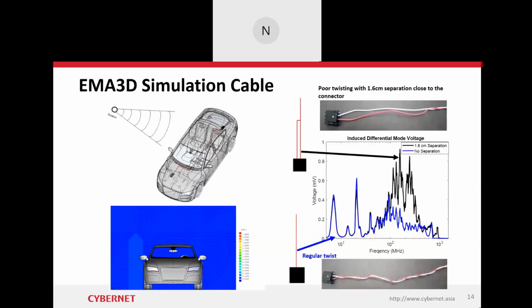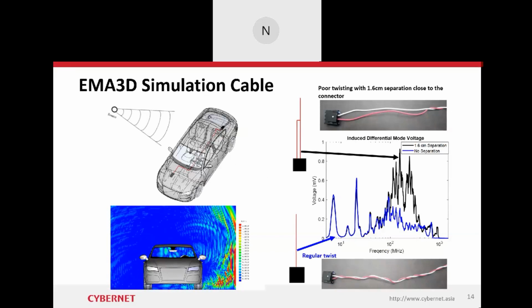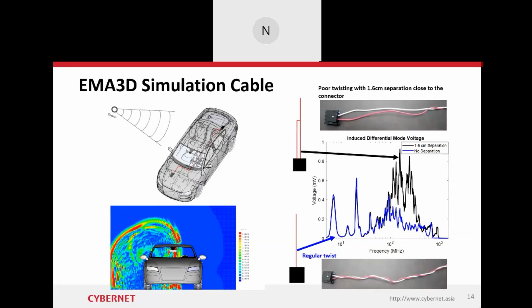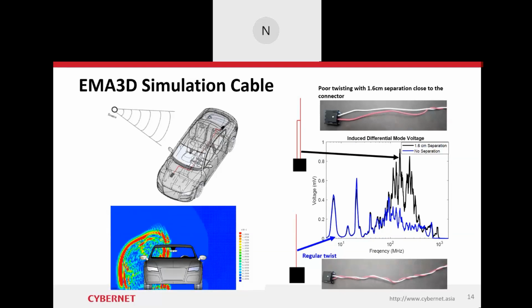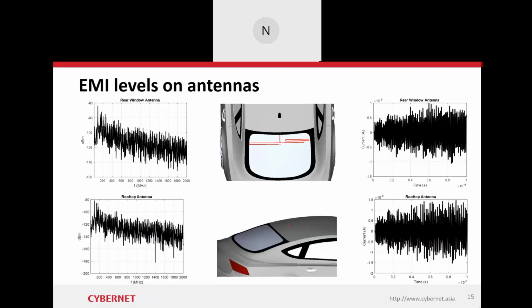So now we will use the cable simulations and the total car models, and you will simulate some cable problems in your device. Now we will put in the cable and simulate the EMC problem. Even the EMI level of the antennas we can simulate very well in EMA3D.